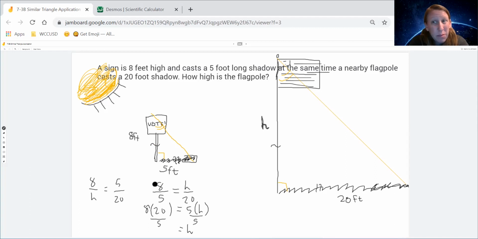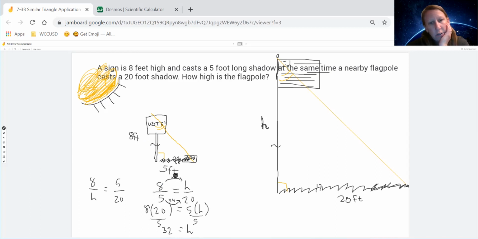4. How many times bigger is this triangle? It's a scale factor of 4, isn't it? 4 times bigger to get to here. So what do we need? We need 4 times bigger to get to here. So 8 times 4 is 32. In this proportion, when I look at this, I say, okay, from 5 to get to 20, I have to multiply by 4. So from 8 to get to h, I also have to multiply by 4.